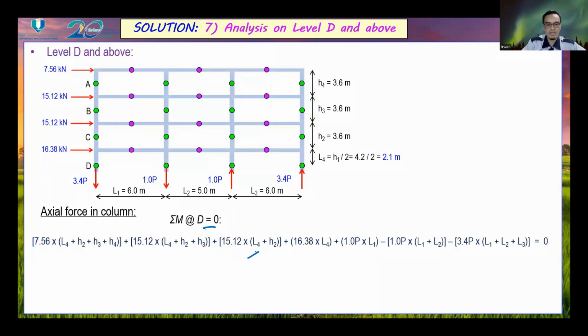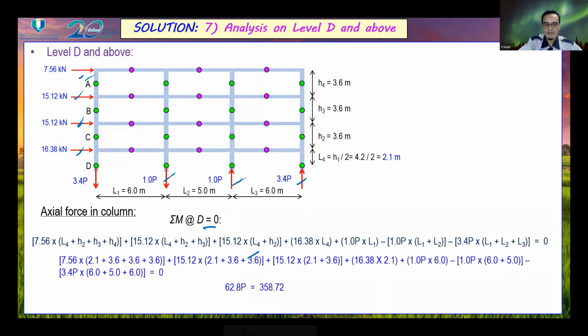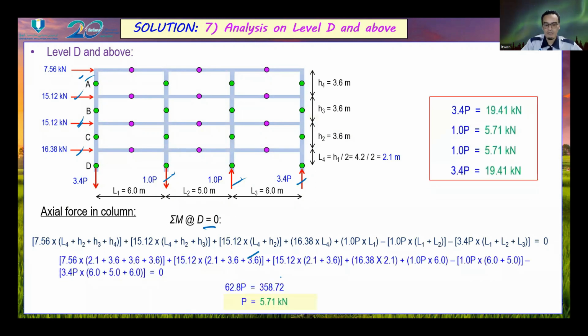We develop these equations. Be careful because the number of forces is now increased. You have 7: 1, 2, 3, 4, 5, 6, 7. Seven forces means we also have 7 distances, so you have to be careful. And the value of P is equal to 5.71 kilonewton.